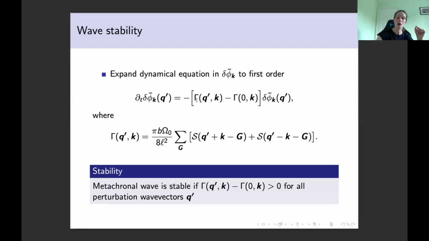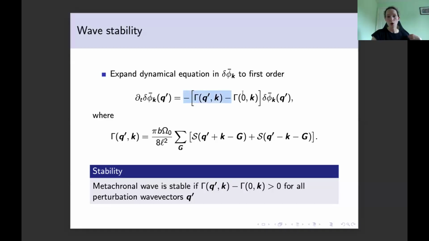I also need to just explain the k's and the q primes because this gets very confusing. What I'm saying here is, suppose we have a metachronal wave with wave vector k. So k represents the wave number of our metachronal wave. And now we have a perturbation on it, and the perturbation has wave vector q prime. So k is the wave vector of the metachronal wave, q prime is the wave vector for the perturbation.